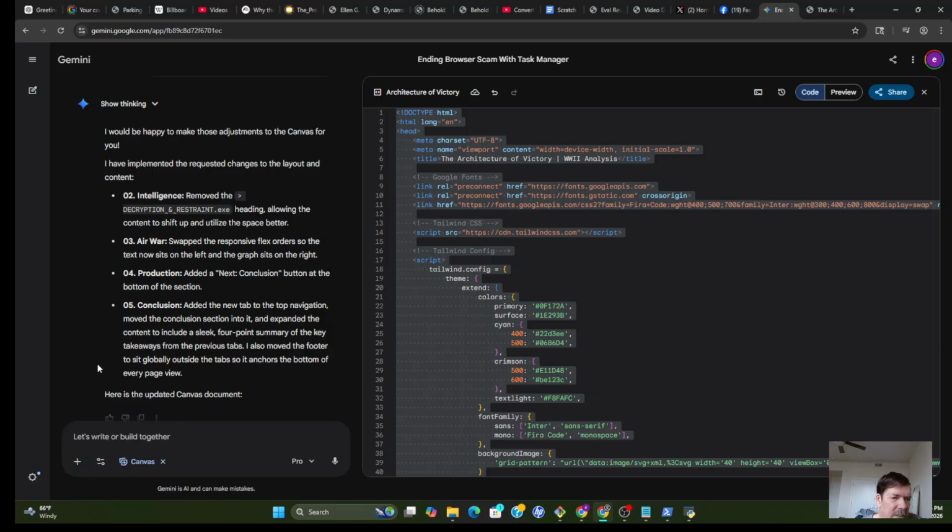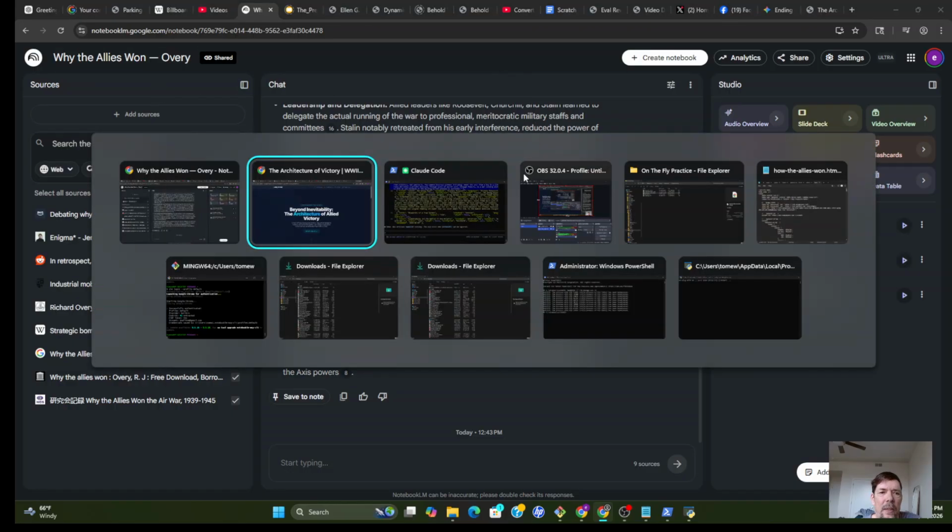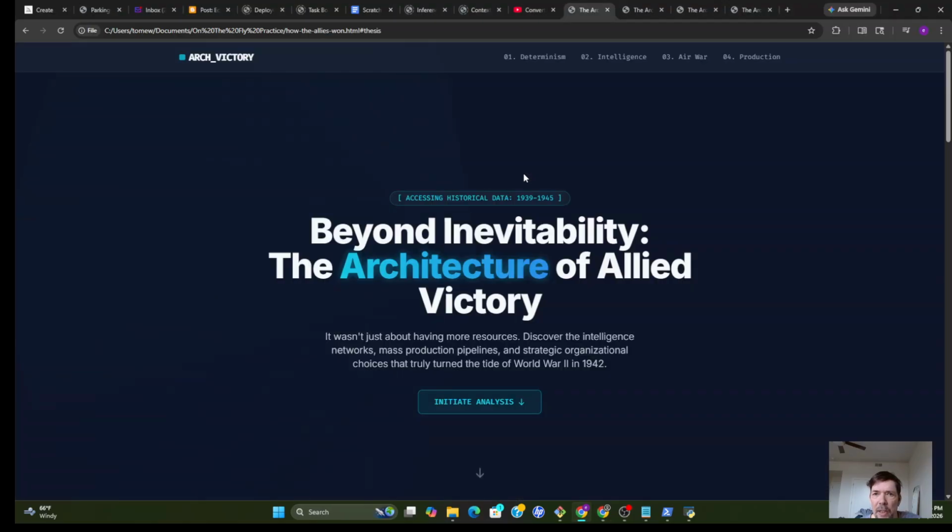I attached this notebook called Why the Allies Won, and then gave it the two prompts that I showed you, and this is what it returned. First shot.